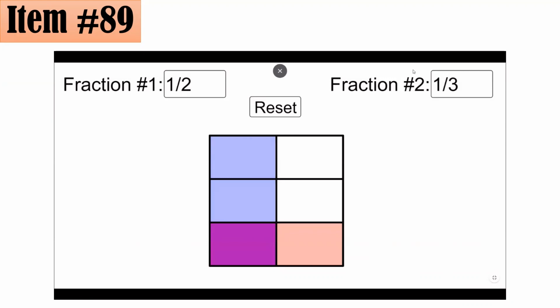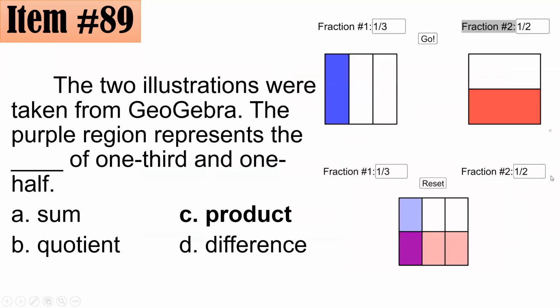Anong ginawa mo sa 1/2 at saka sa 1/3 para makuha yung 1/6? Add, subtract, divide, or multiply? Multiply. So hence, in this case, we multiplied po. That's why the correct answer is product. Since product is the answer of a multiplication sentence. I hope it's clear with us.